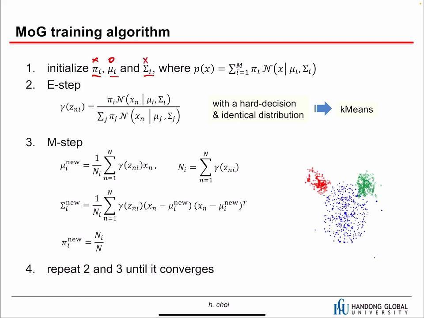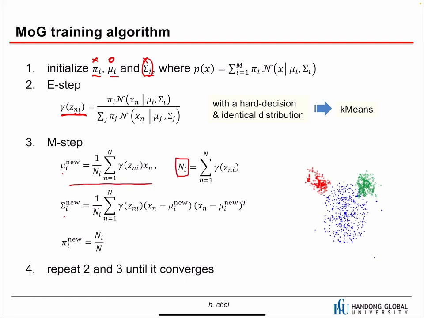In the E step, we calculate the responsibility of cluster i for sample n. In the k-means algorithm, we have hard decisions with identical distributions, which is why we don't care about this part in k-means. Now in the M step, we update the mean, the variance, and the number of samples.